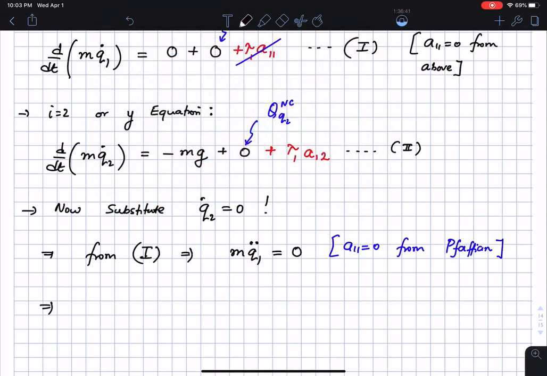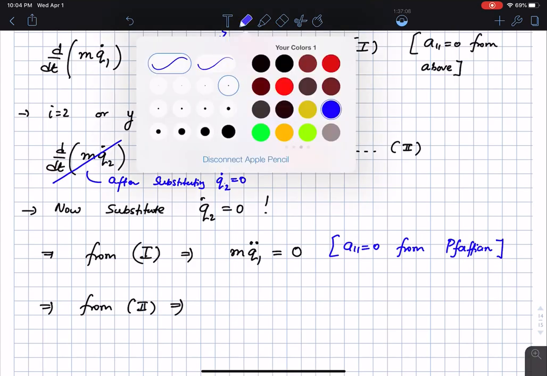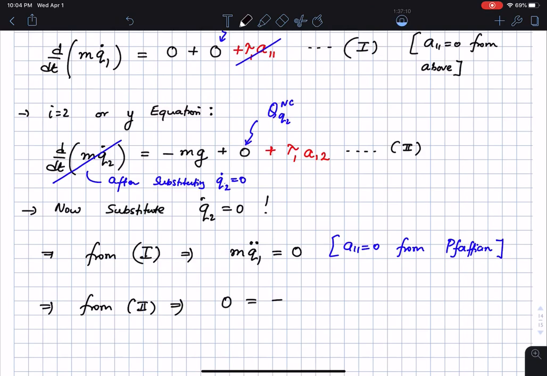Then from 2, something really nice happens. I see that q2 dot is equal to 0, which means that this term is now going to vanish completely. This is after substituting q2 dot is equal to 0. And here is what I end up getting: 0 is equal to minus m g plus lambda 1 times a12, which is 1.